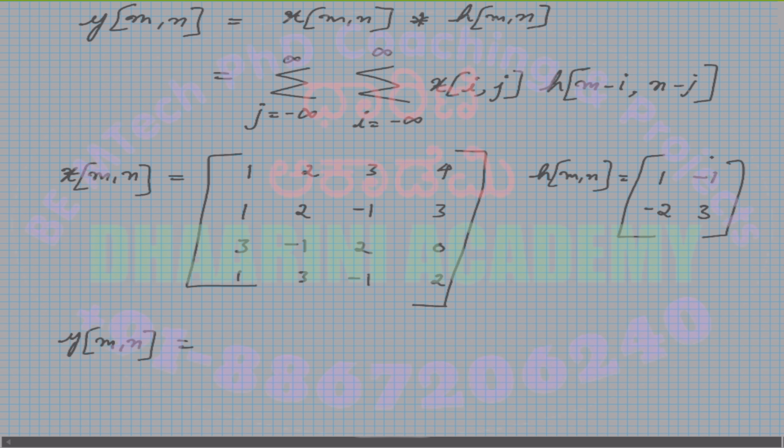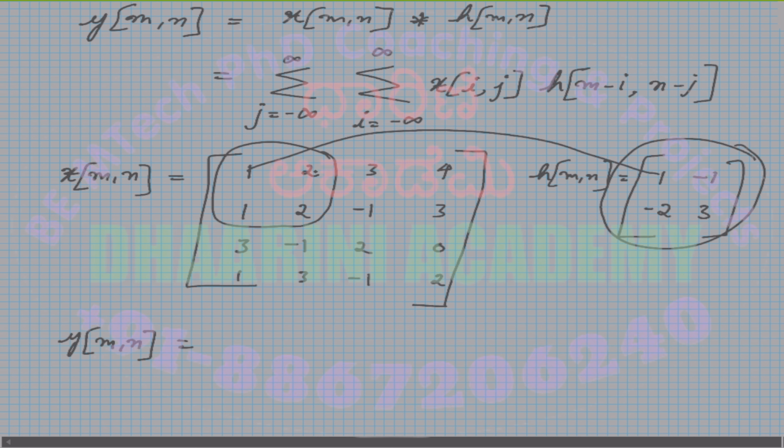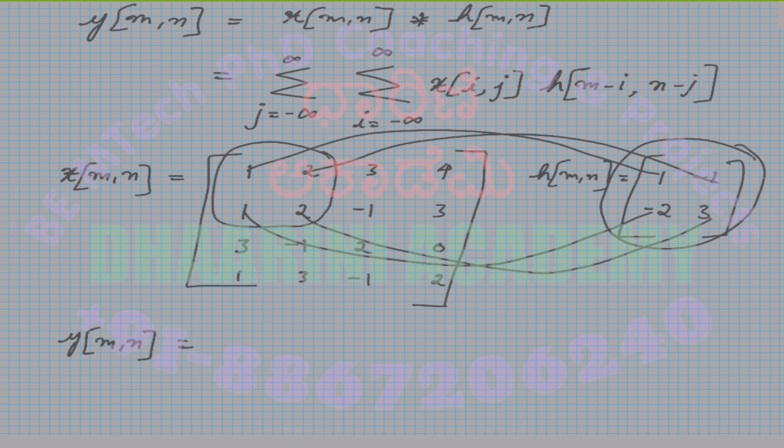So you move this h, starting from the top left corner of your given sequence x, and multiply point by point. That is 1 into 1, first point into the first point, plus 2 into this, plus 1 into minus 2, plus 2 into 3. That will give you the first sample in your answer.